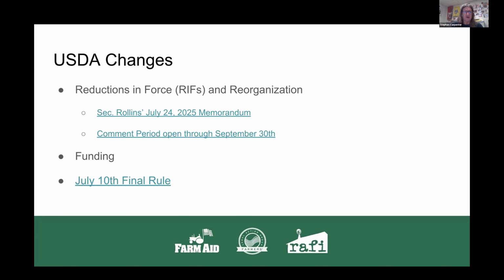What it looks like USDA thought it was trying to do here was say that anywhere where there's not a legally binding regulation, in other words, where it was the handbooks or the other instructions, we're going to strip those out. And we're also going to go ahead and limit some of the places where there were regulations, and we're going to change them.